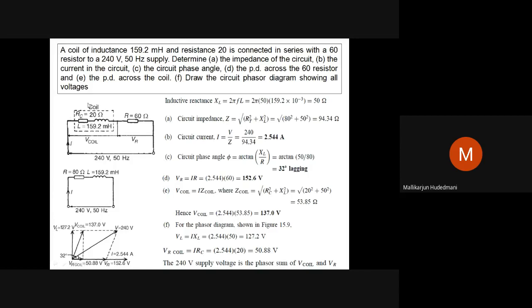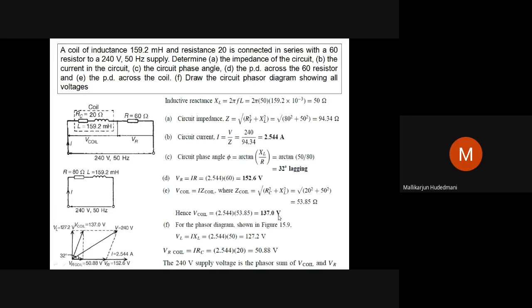The impedance of the coil we have already worked out part by part: 50 ohm is the XL and R is 20. So 20 squared plus 50 squared under the root gives the impedance of the coil. Into the current of 2.54, that gives me 137 volt.